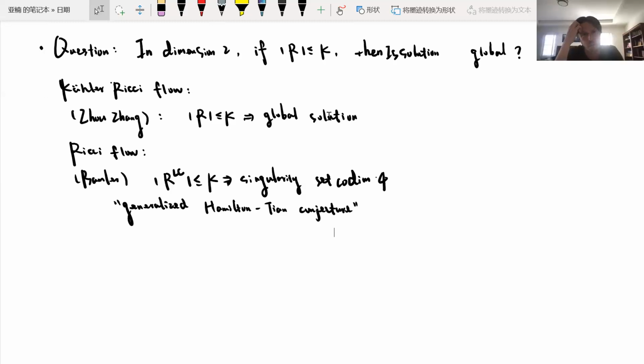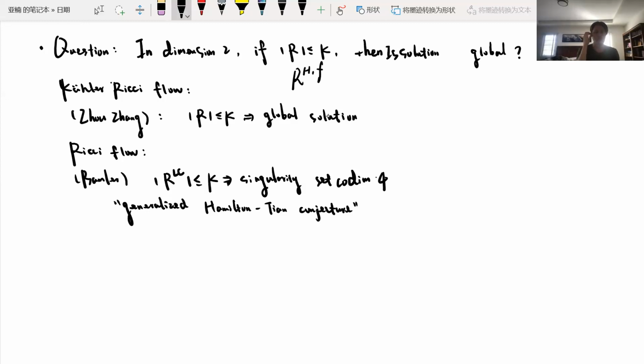So I think if you use this modified scalar curvature, for which we found this monotonicity formula, you can probably prove that if the scalar curvature is bounded and you stay inside this positive cone, this positive Kähler cone, then the solution is smooth.